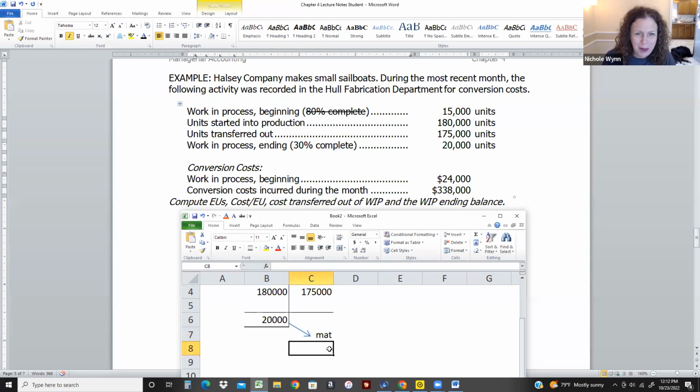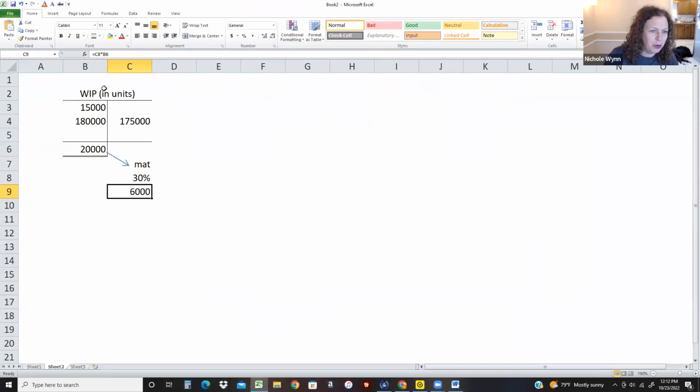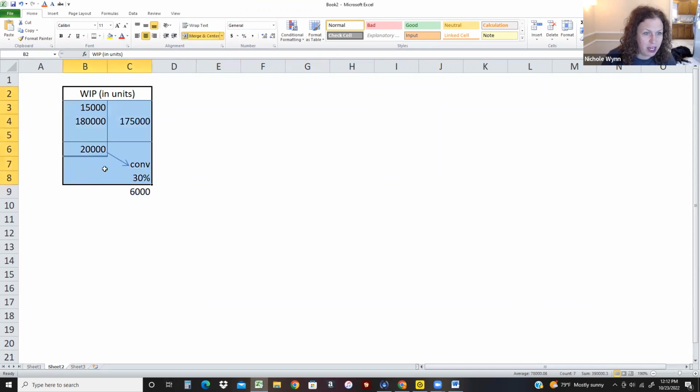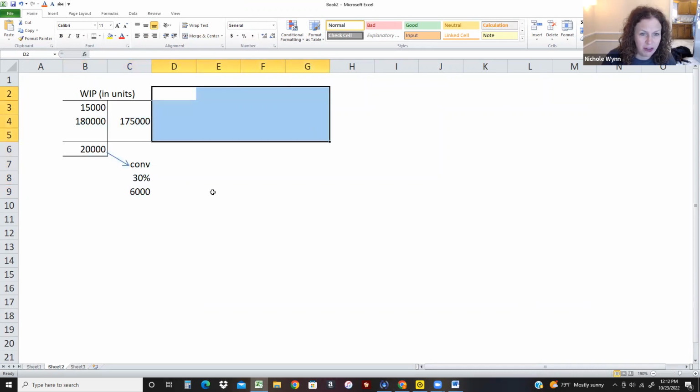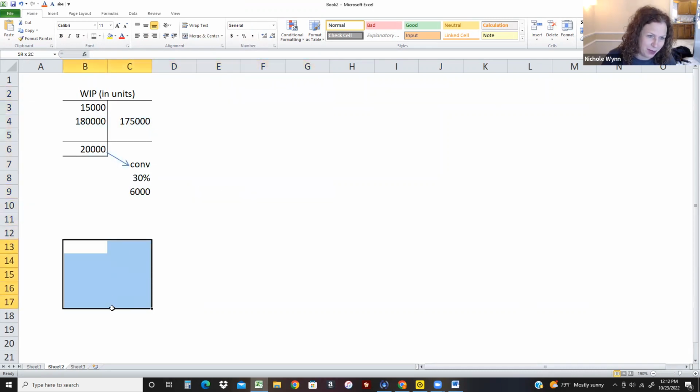So for material, my percentage is 30%. And so 30% of 20,000 is 6,000. Okay. So now normally I'll have a branch over this direction too, and that'll be for, oh wait, this is conversion. Because material would be over here, but I don't have any material, so I don't have a branch off, and I'm fine with that. So then I come over here. So again, I start here, and then I come over here, and then I come down here, and then I come down here.